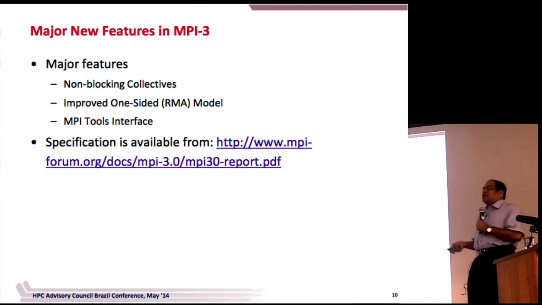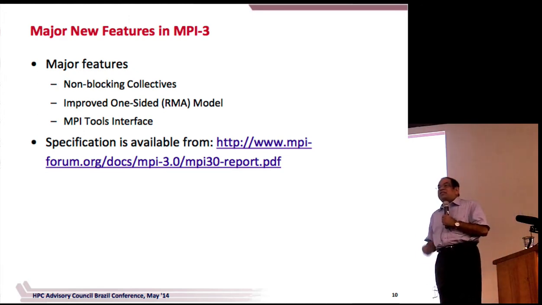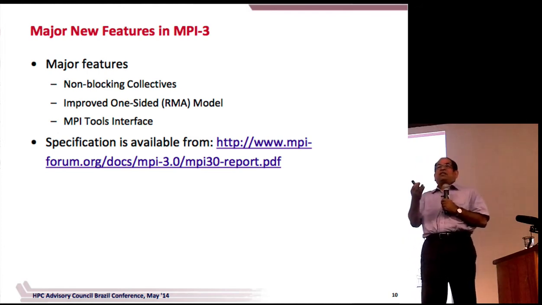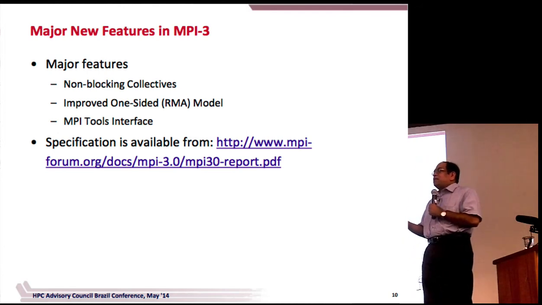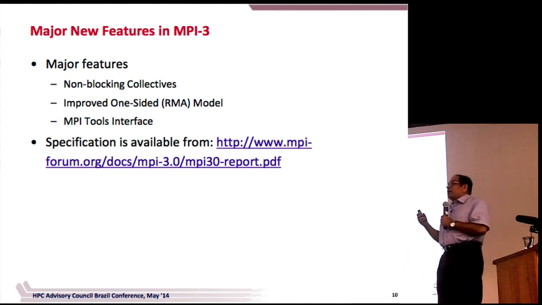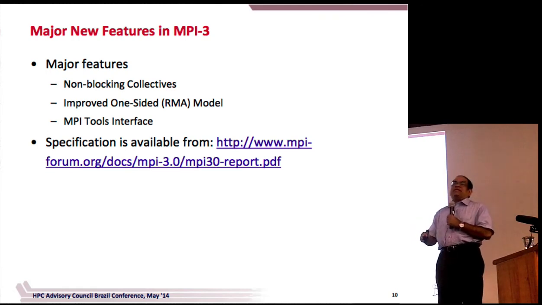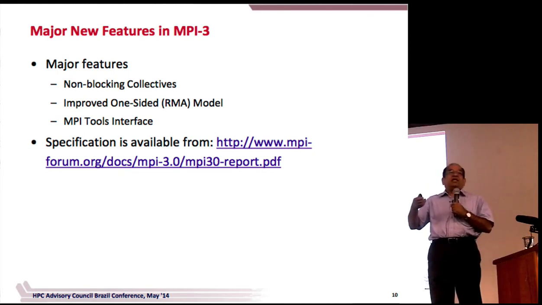They also have introduced something called the MPI tools interface, and this is also becoming a big challenge as the systems become more complex. So let's say you as an application writer are trying to write your application and you don't get performance, but the question is, where does the time go? Of course, there are a lot of tools, but the tools so far have been written on top of MPI. They don't have a lot of knowledge of what is happening inside MPI. So this MPI tools interface allows exposing a lot of internal variables of MPI, so that any tools can take advantage of that.